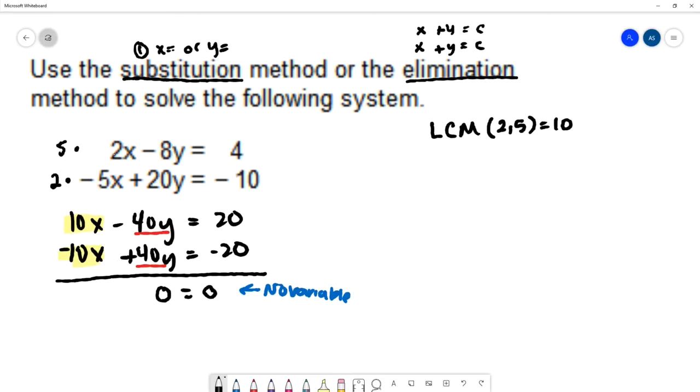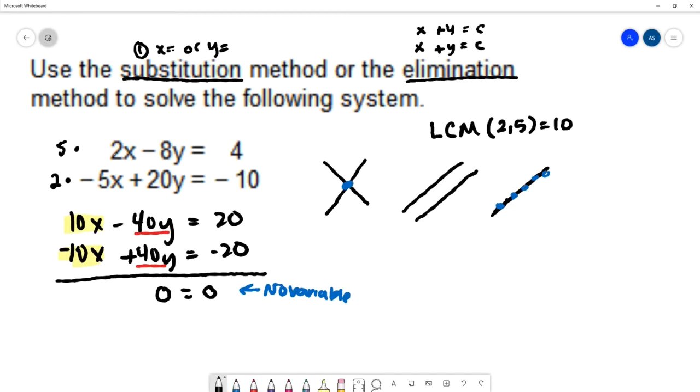You have your normal case where two lines intersect in a single point, and then you have these special cases where the two lines never intersect, and you have the case where the two lines are on top of each other and they have infinite intersections.